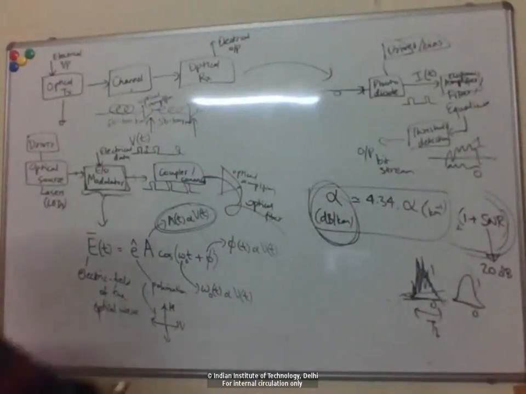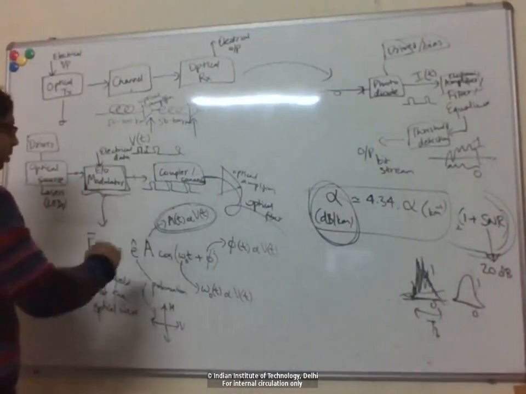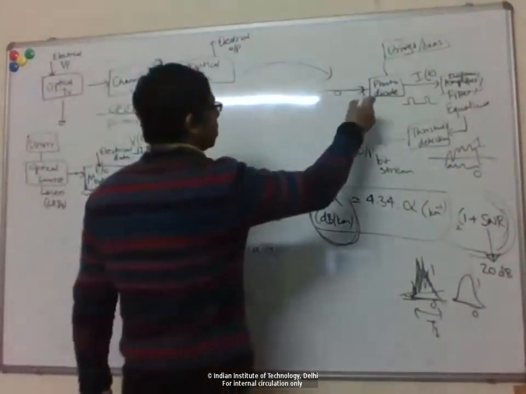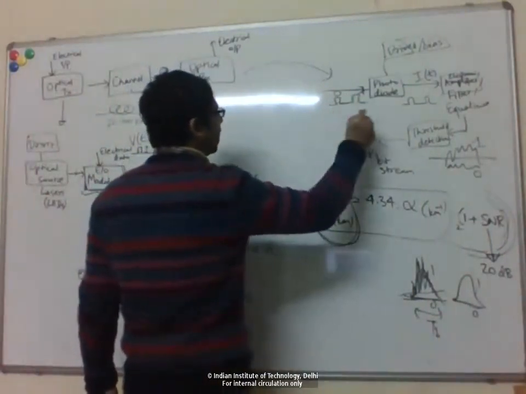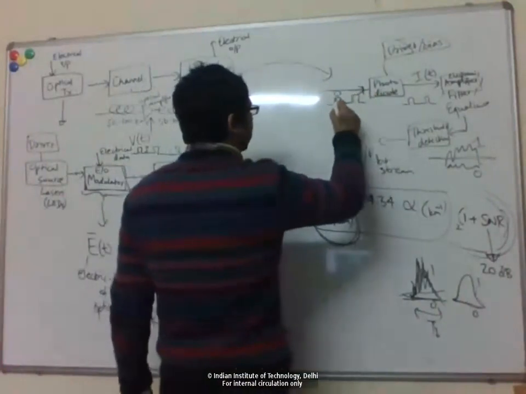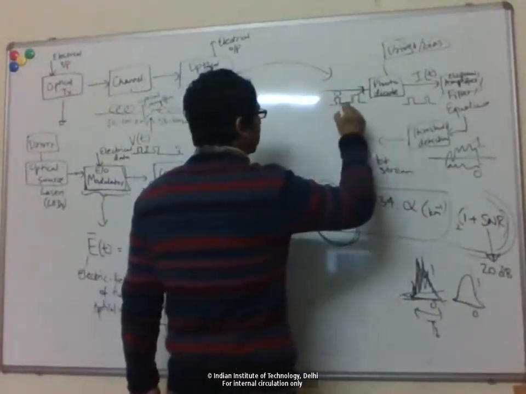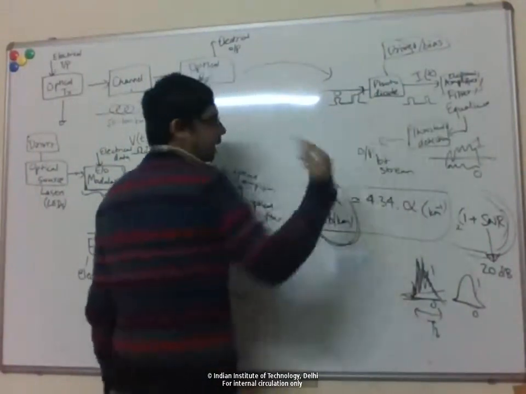The simplest way communication is done is using amplitude or intensity modulation. And in the intensity modulation case, I can directly detect, because the optical power is varying here. Whenever the detector receives high optical power, it will give me a high current. When it detects low power, it will give me a low current. So that's called direct detection.